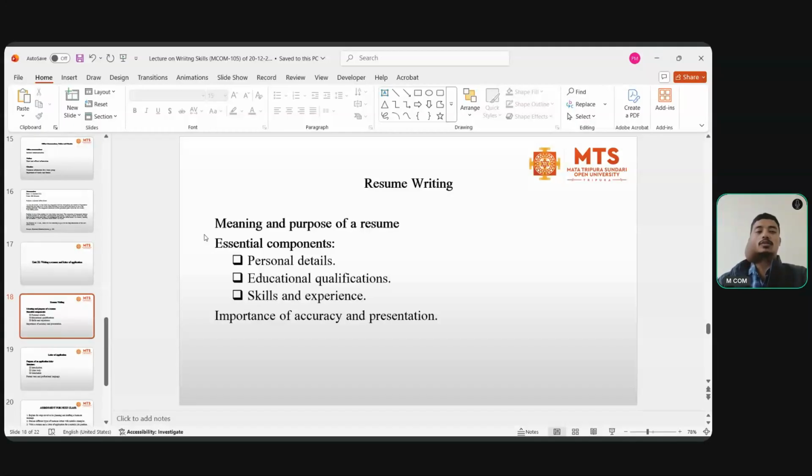So the main purpose of a resume is to create a good first impression on the employer. Okay. So a resume should include personal details, educational qualifications, skills, experiences, if any.